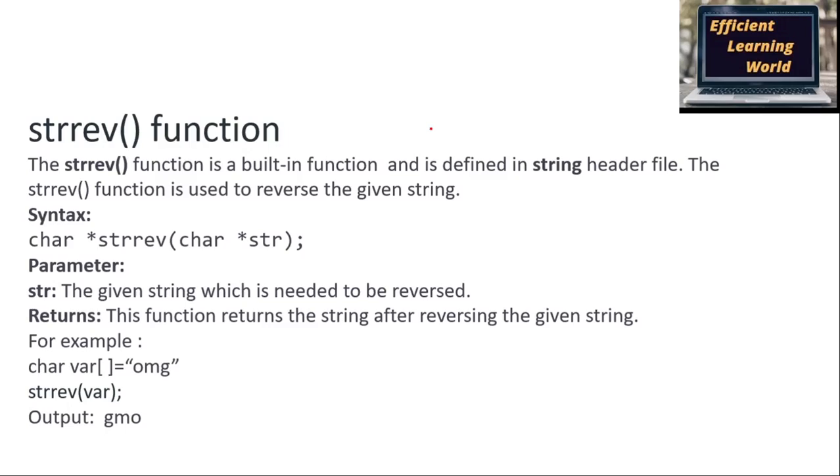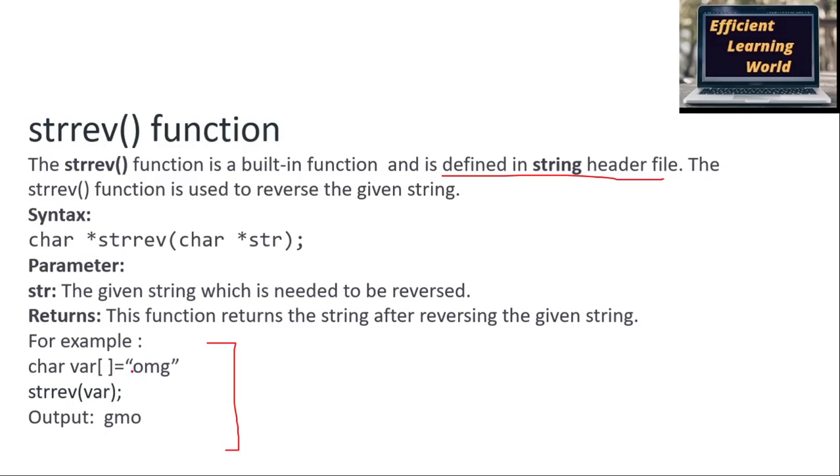For reversing a character array you can use the strrev function, which is also a predefined function, but it is defined in the string header file. It is also used to reverse the given string, but the reversed string will be of type character array. Like you can see in the example here, this is a character array, and you can also pass a size, for example 10, 20, up to you.